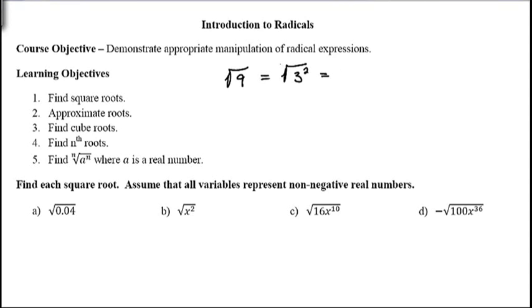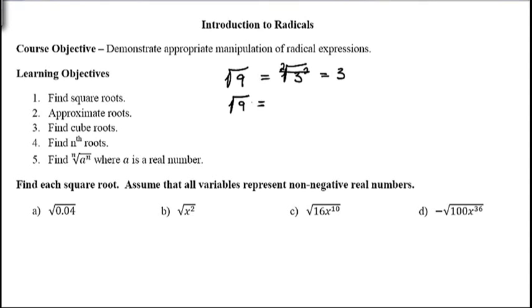When there isn't a number in this position of the radical, there's really an implied 2 there. And the square root and the squaring basically cancel each other out, giving you 3. One other little note that we're not going to spend a whole lot of time on: whenever you have an even root and you're taking the square root of 9, this number is always positive.